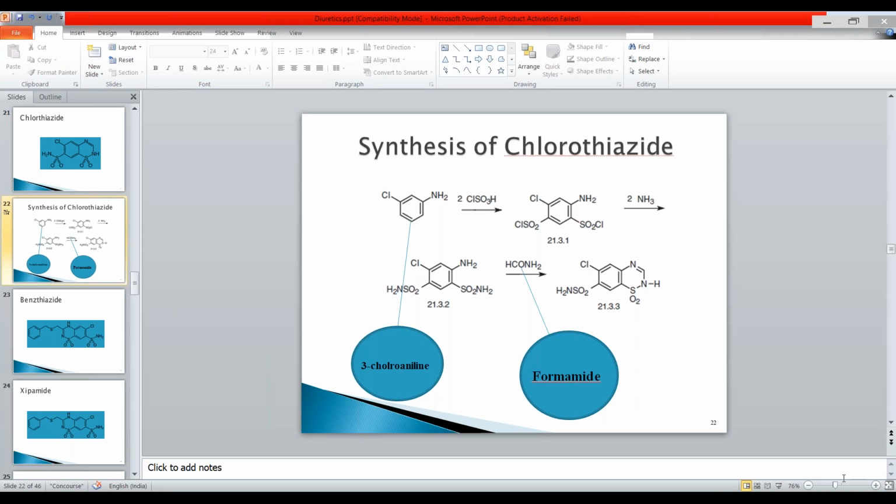When your body is seeing that there is no reabsorption of sodium happening, your body will try to compensate by acting somewhere else. If you are taking a drug which is acting on site 1 and you are not allowing reabsorption of sodium to happen, you are having a diuretic activity, the volume of urine has to be increased.